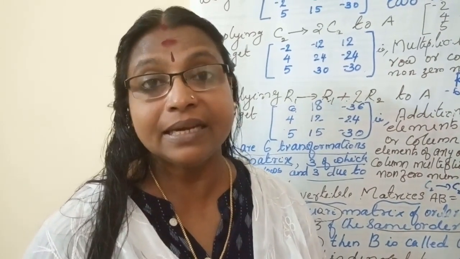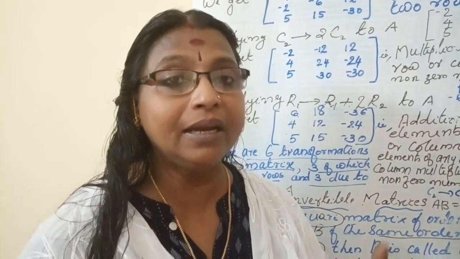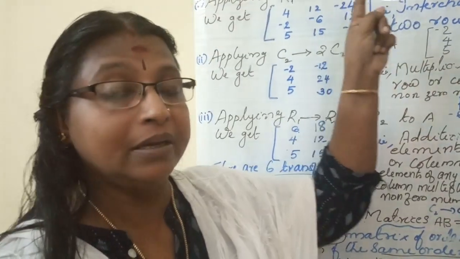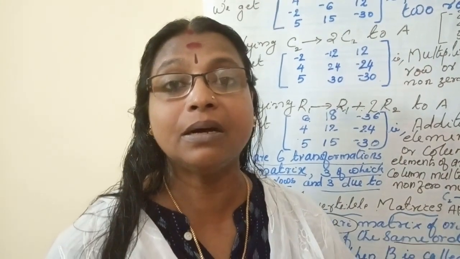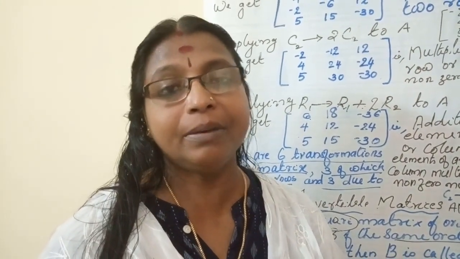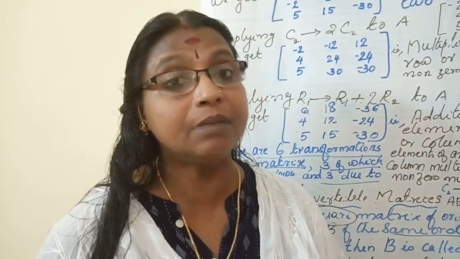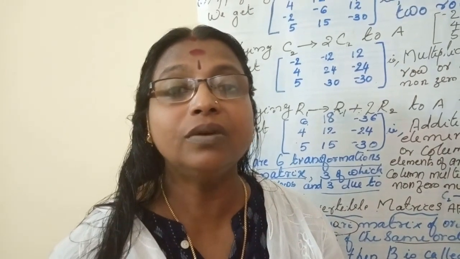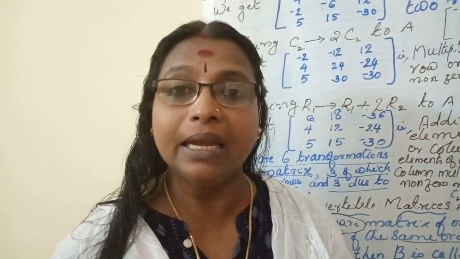To find A inverse using elementary transformation, from an exam point of view, it is a 6 marks question. For a 3 by 3 matrix it carries 3 marks. So using these elementary operations, we can find the inverse of the square matrix A.